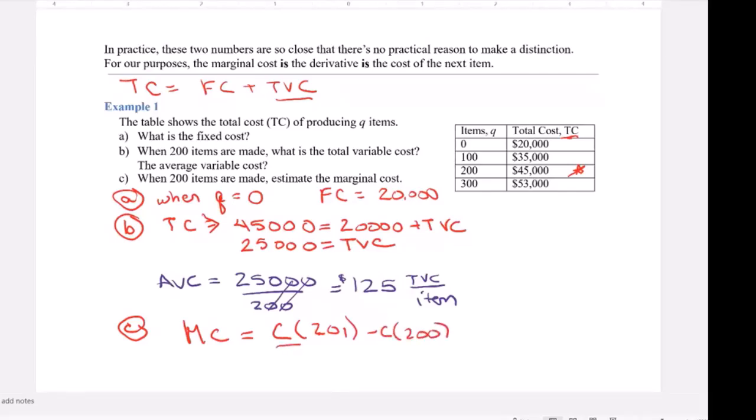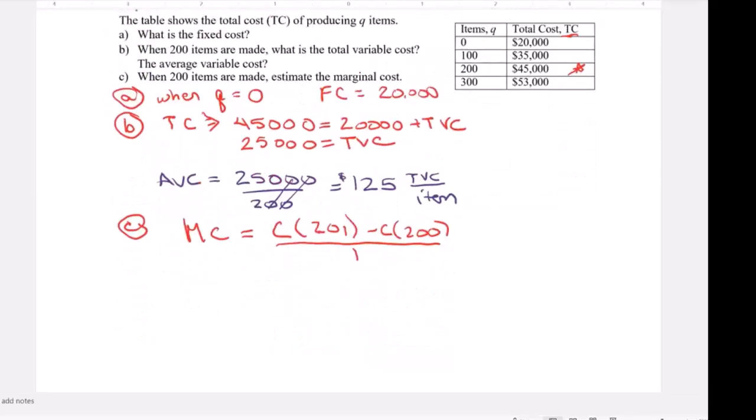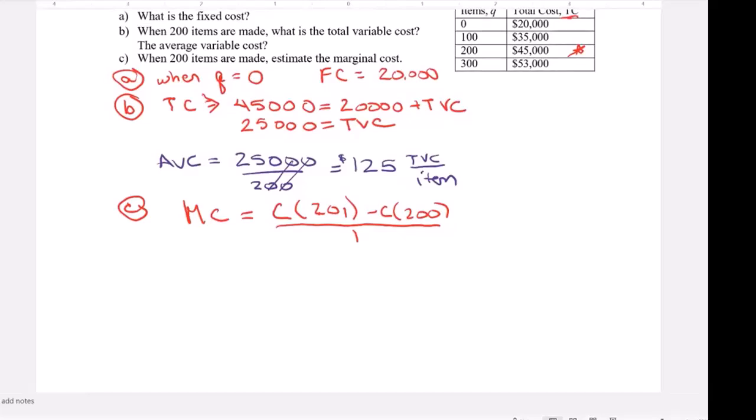And I'm only producing one more, so my x is 1. But we don't know how much it costs to produce 201 items. So what we have to do is basically estimate it. How do we estimate it? Well, let's say first estimate.